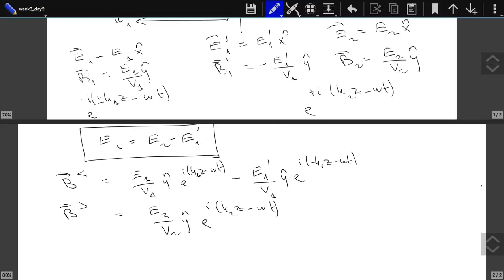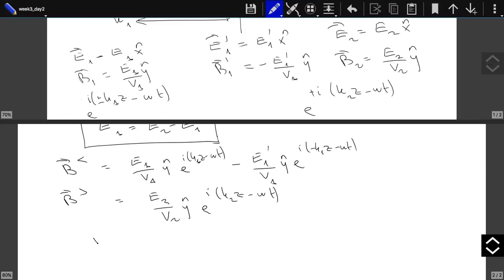My boundary condition tells me that the magnetic field on the left-hand side evaluated at z equal to 0, divided by mu1, should be equal to the magnetic field on the right-hand side of my surface, again evaluated on the surface, divided by mu2.